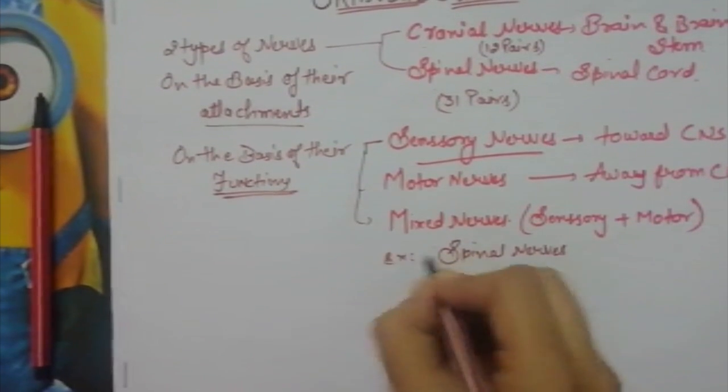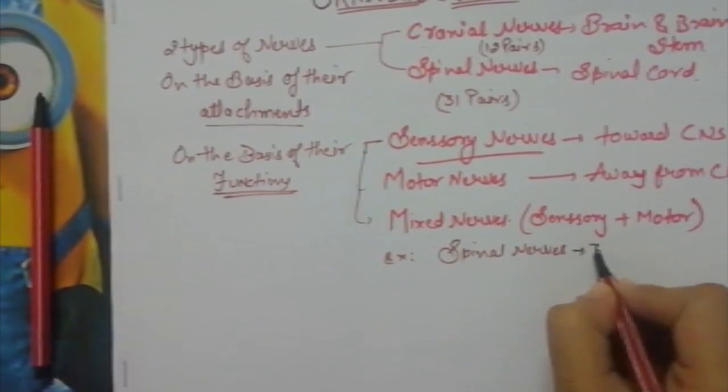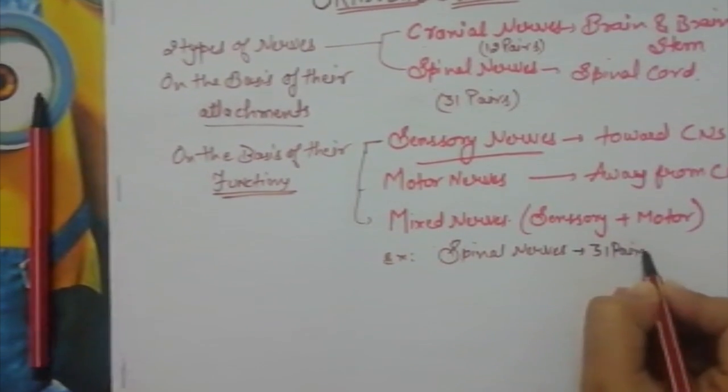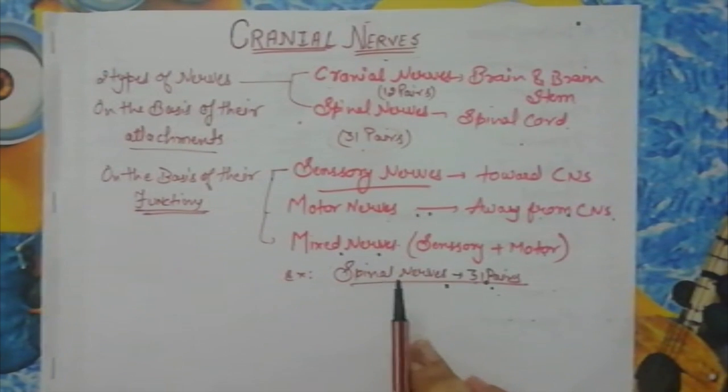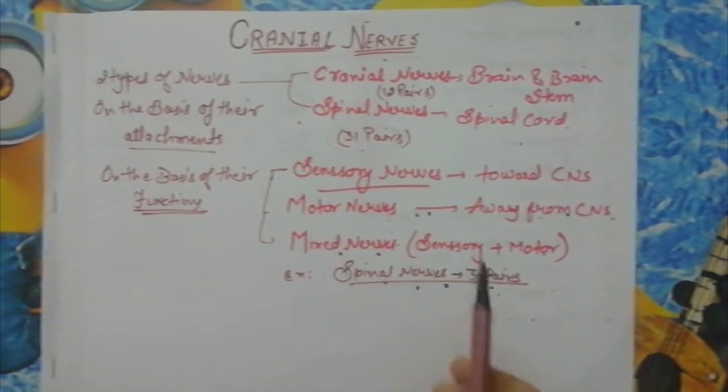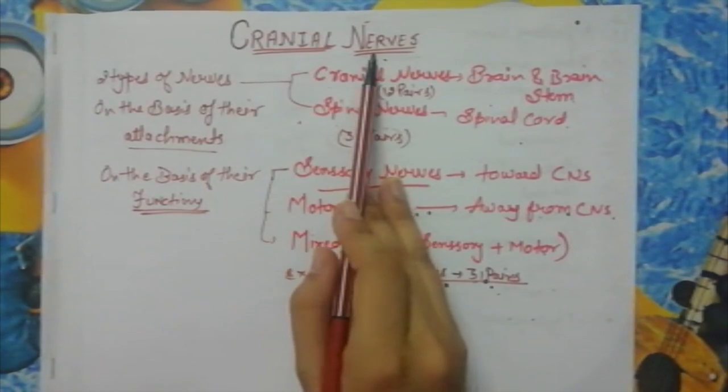All the spinal nerves, which are 31 pairs, are mixed, so they have both sensory and motor contents. We will study the spinal nerves in another tutorial. In this tutorial we are only concerned with the cranial nerves.